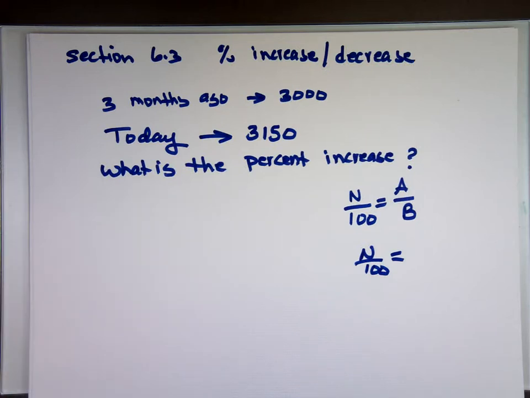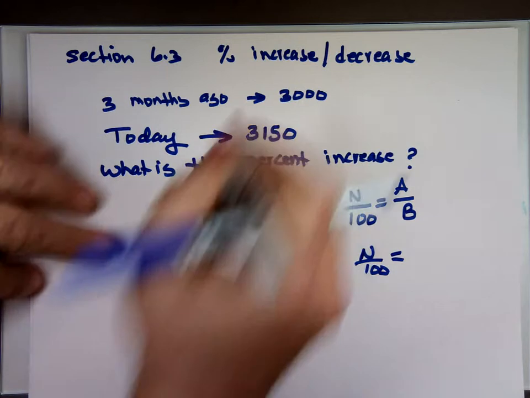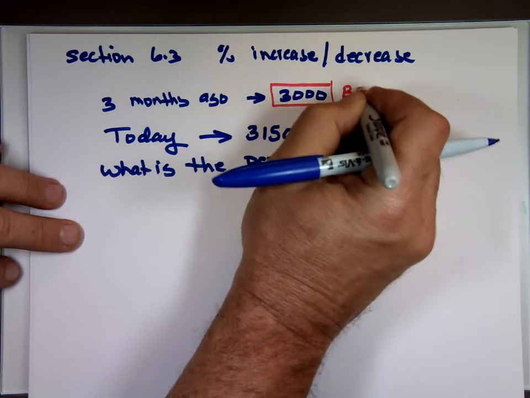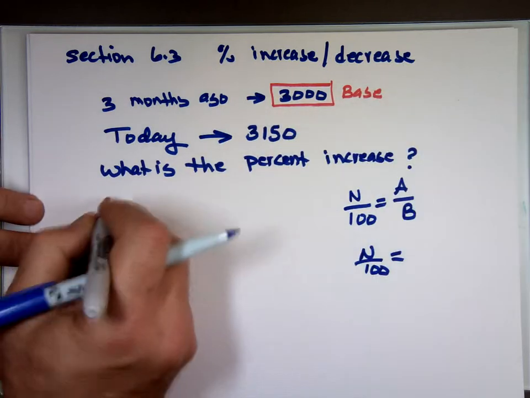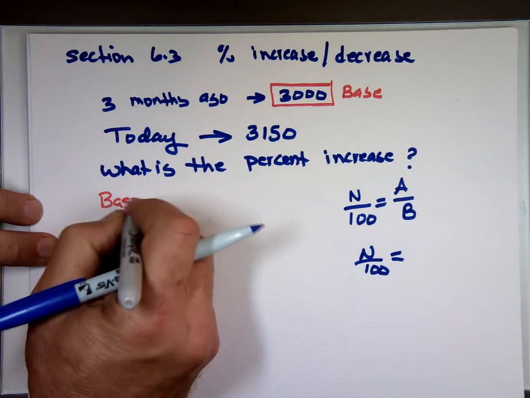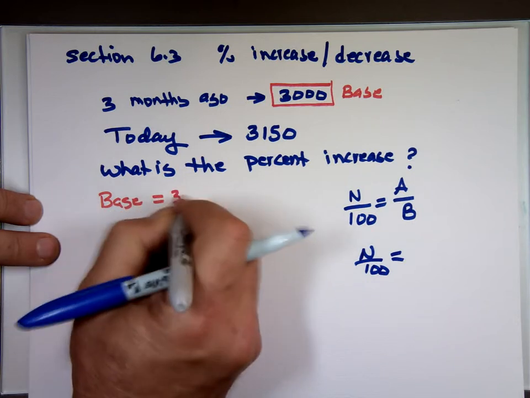The base is what you started with, always. So what did we start with? That's your base. So the base is 3,000.